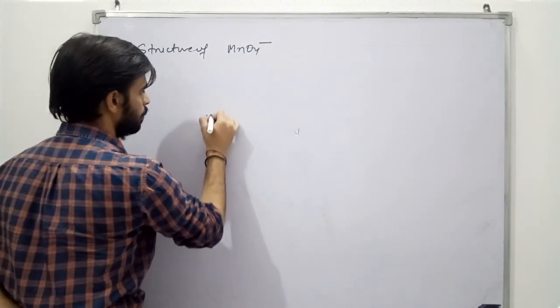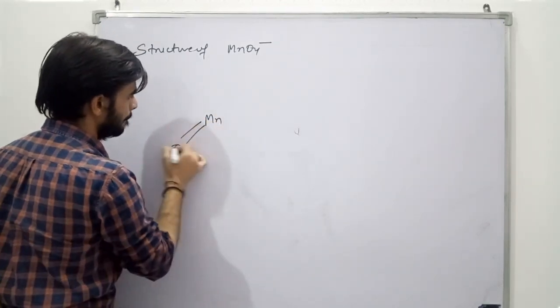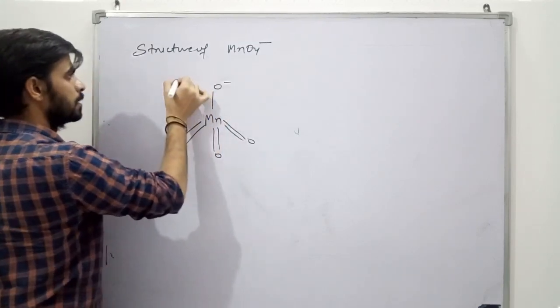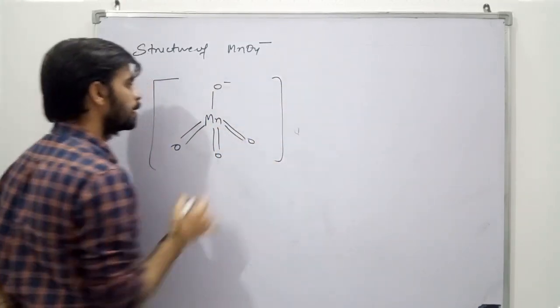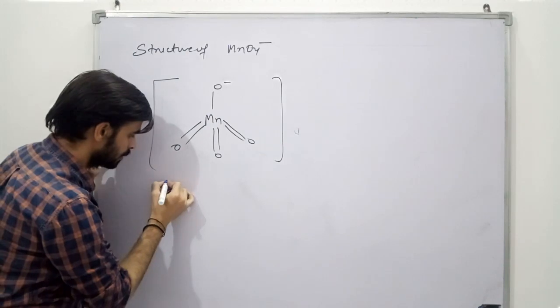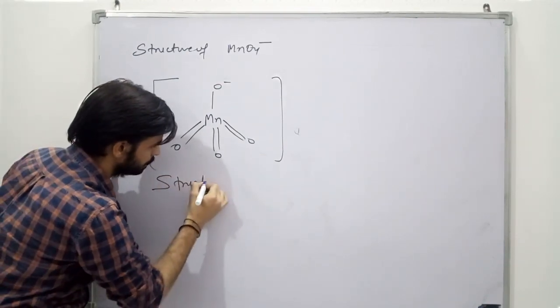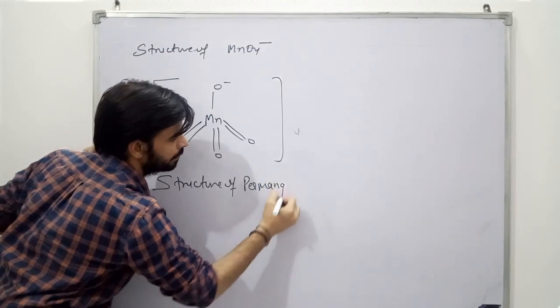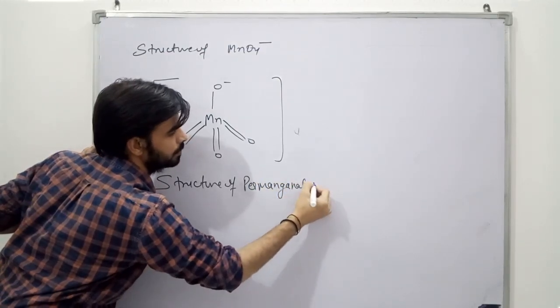So, Mn, this is the structure of the permanganate ion.